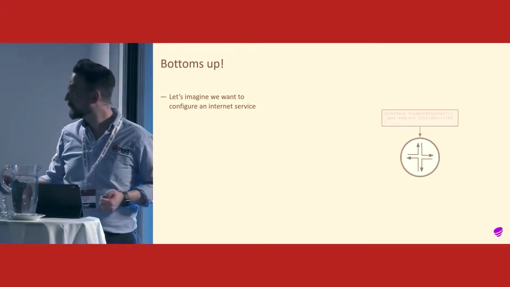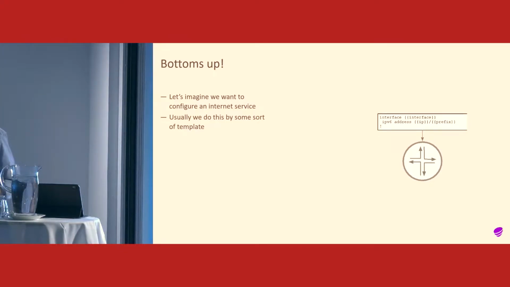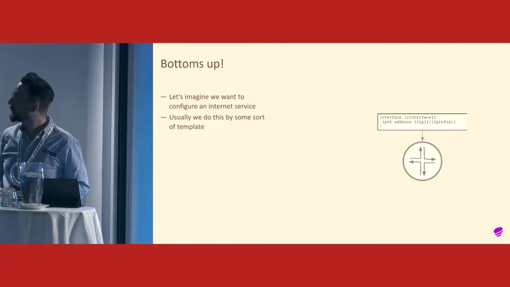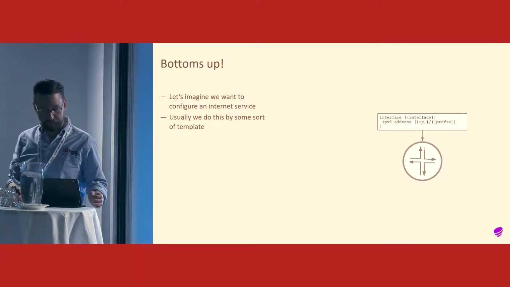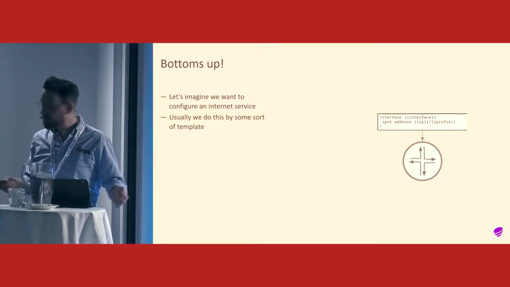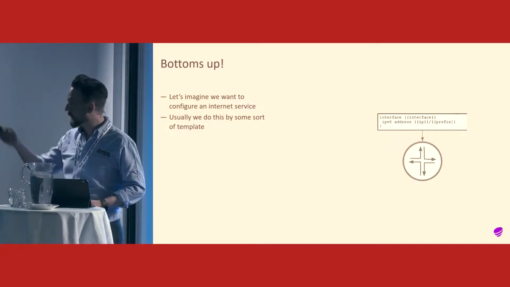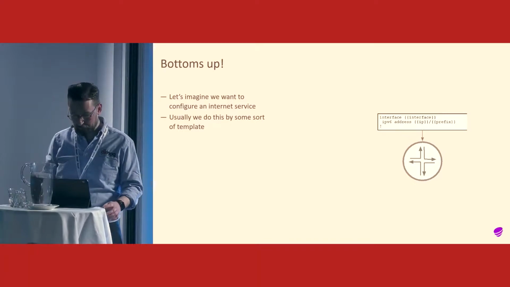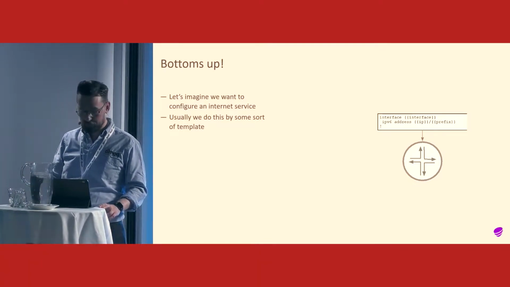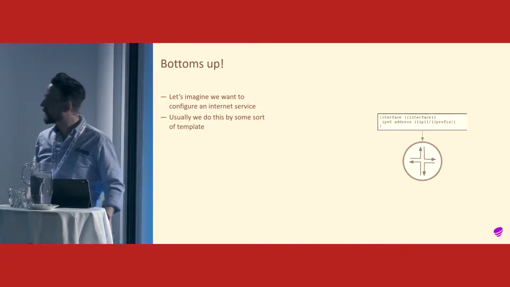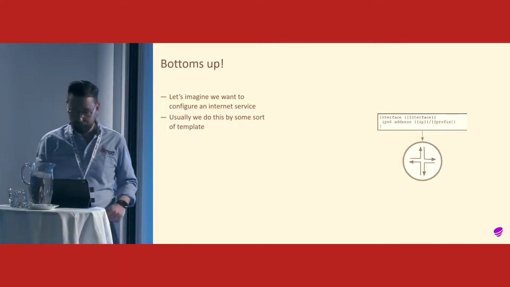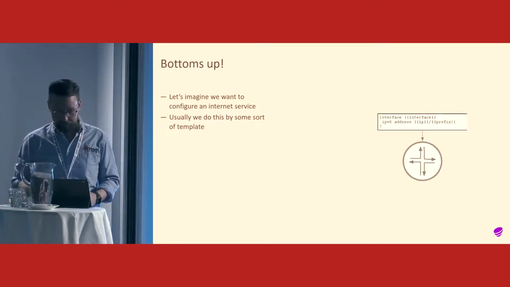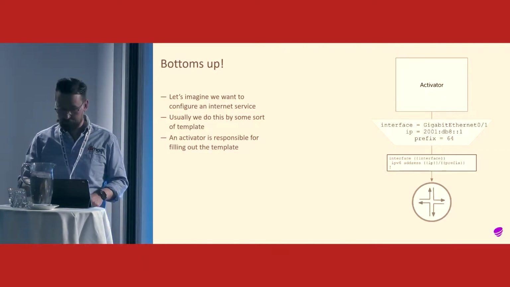Usually when you do this, you want to use a template because that's what every piece of automation software does. It uses some sort of template somewhere in the system, whether it's Jinja style like I have here, or it's some XML stuff like Cisco NSO does, doesn't matter. You usually want to do that, and you assign variables like interface, IP, and prefix wherever it makes sense in your system.